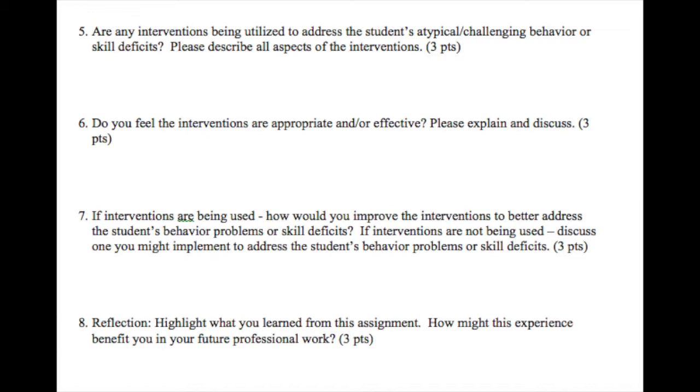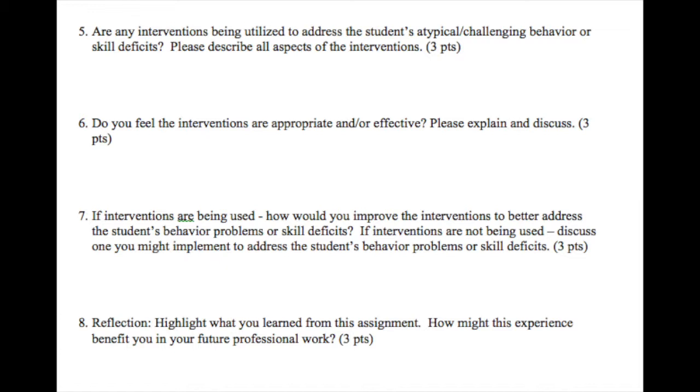Maybe they aren't using an intervention for behavior, but they're using an intervention for social skills, or maybe the social worker is doing a lunch bunch, and that's an intervention, or maybe the student is getting some sort of academic intervention. If the student is not getting a behavioral intervention, then please talk about some other type of intervention that they are receiving, because the next 3 questions ask about interventions used.